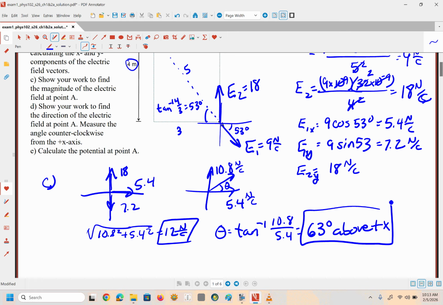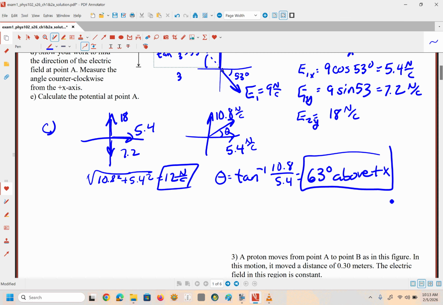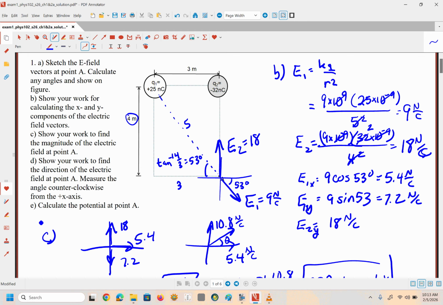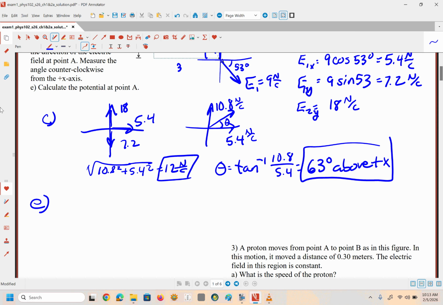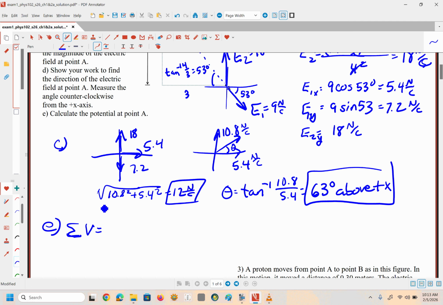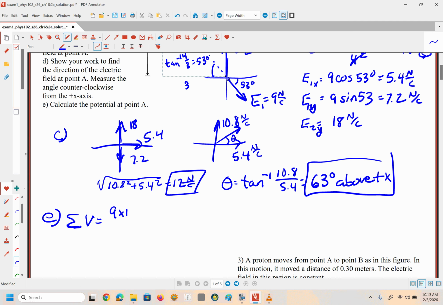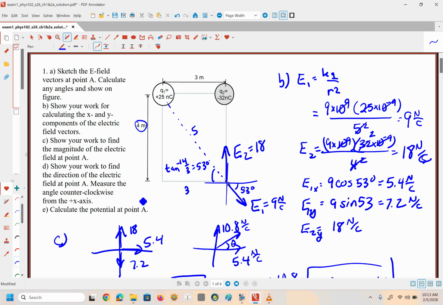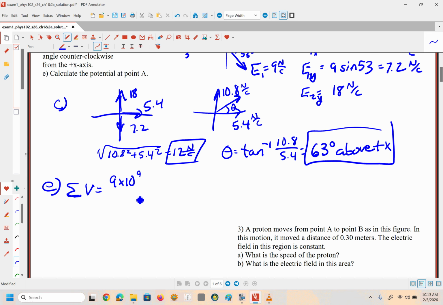And then finally, I want you to find the potential. So find what is the potential at that point. That potential is going to be the sum of the two potentials. And the sum of the two potentials are going to be 9 times 10 to the 9th times Q1, which is 25 nanocoulombs, 25 times 10 to the minus 9, divided by the distance.